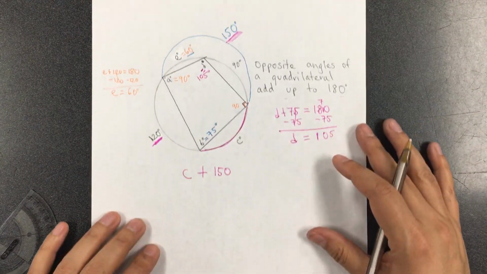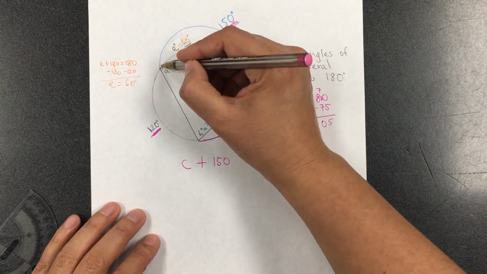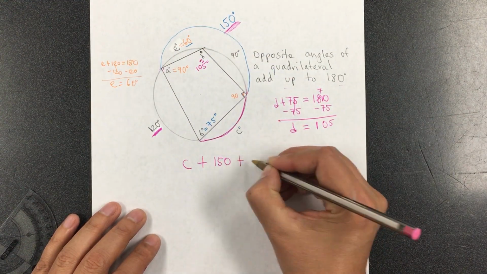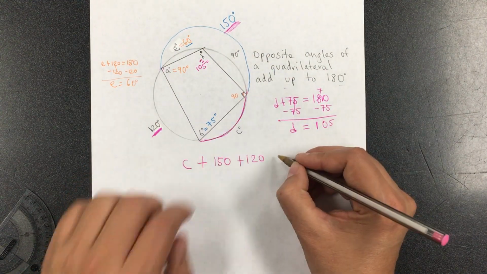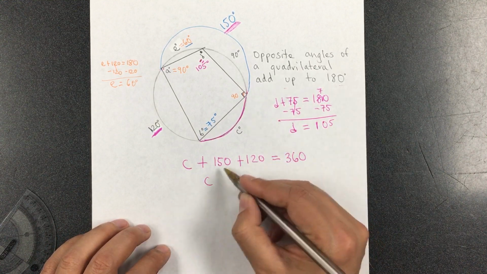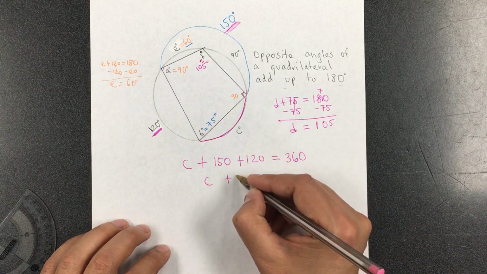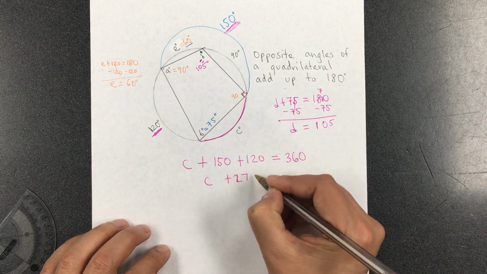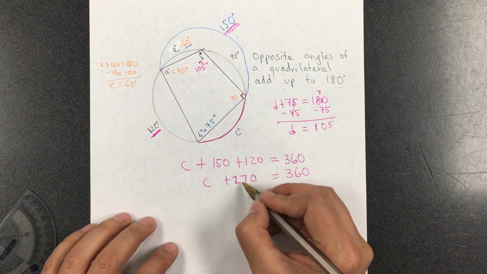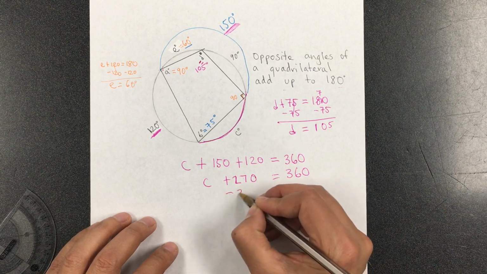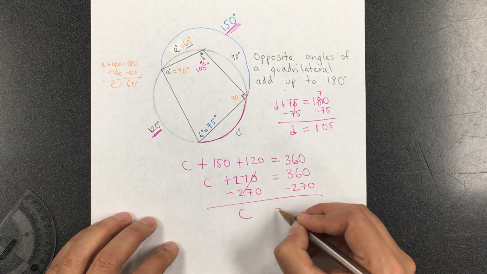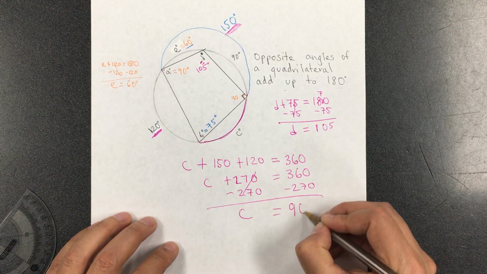So those two together, plus C, all three give me 360. C plus 150 and 120, which is 270, equals 360. And if I'm adding 270, the opposite is to subtract 270. And so C is equal to 90 degrees.